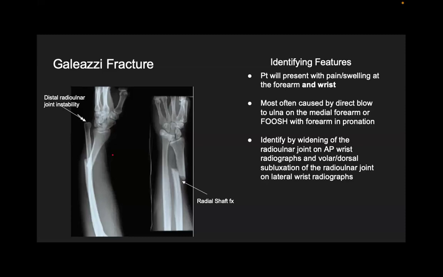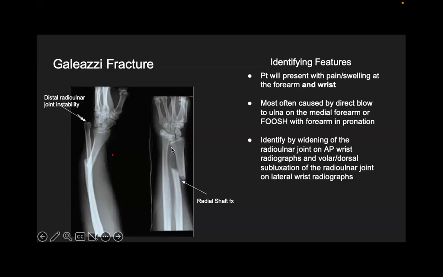And you could identify this, right? If you're looking at an AP radiograph here, you're going to see widening of the radioulnar joint on the AP. So right around here, this should not be this wide.